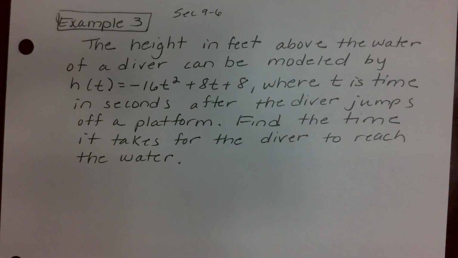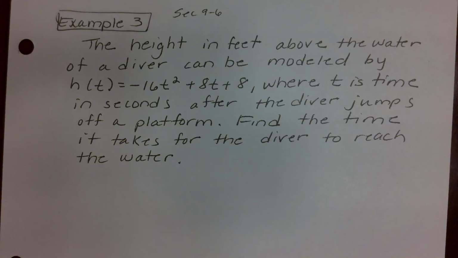So that's why you'll notice that this height formula is not the same as the other one when we did that softball throwing. That's when they were just dropping the softball off and down. This person is actually jumping off the diving board, so they're actually going up first and then down. So keep that in mind.